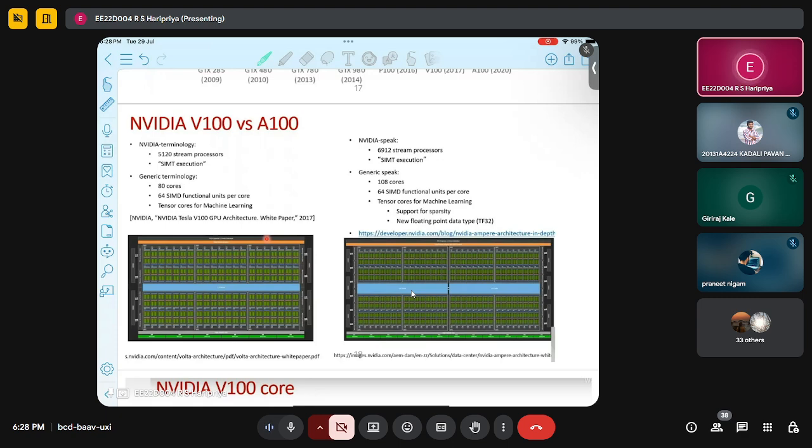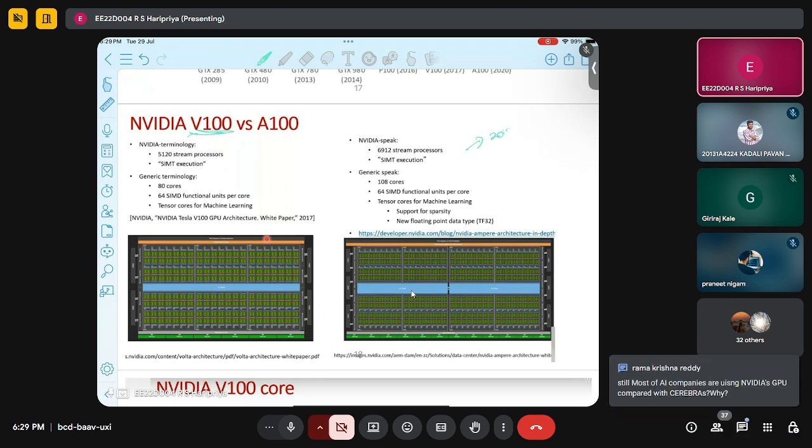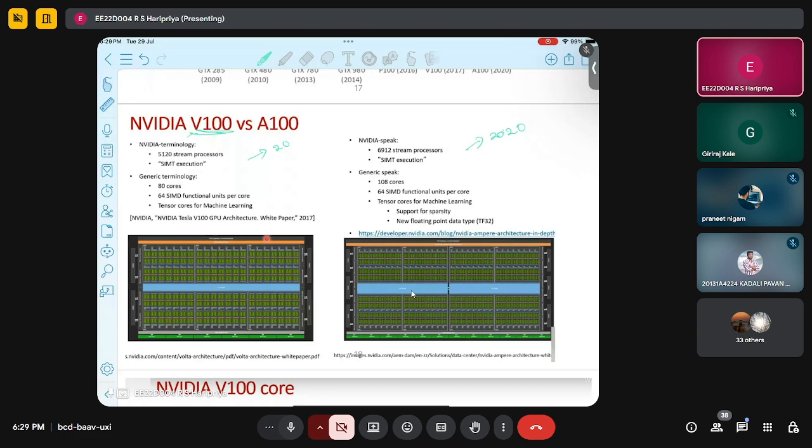NVIDIA's Volta series V100 was released in 2017, and the Ampere series in 2020.